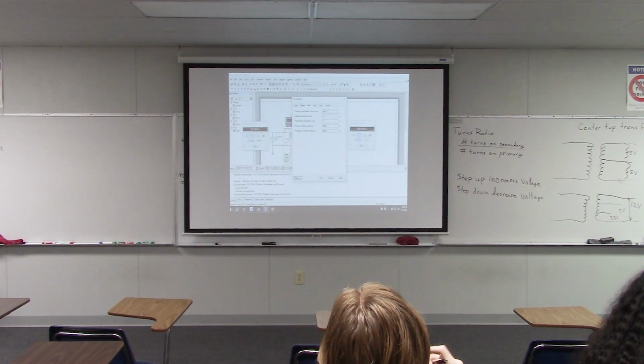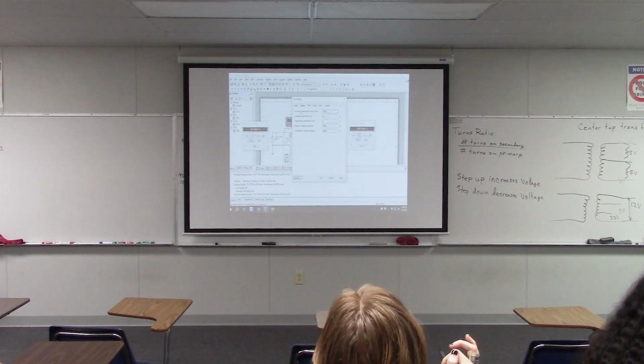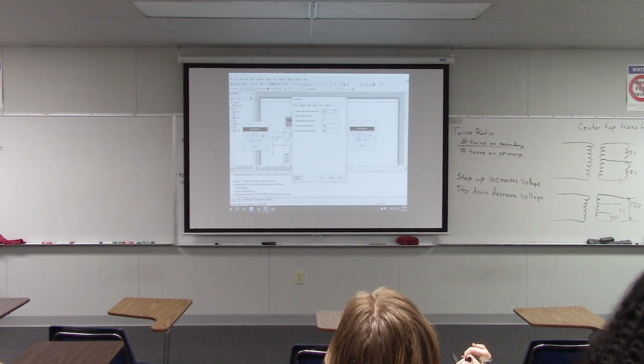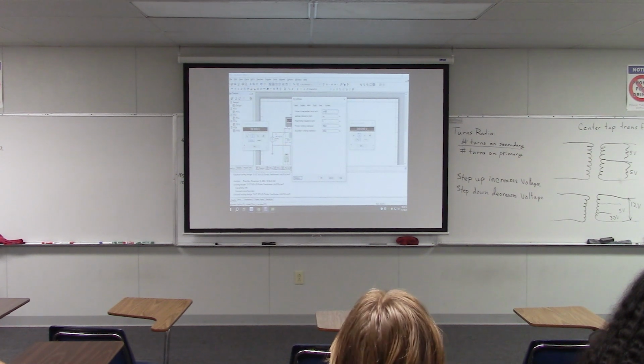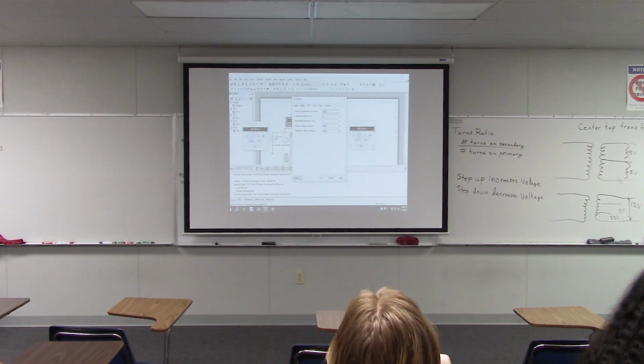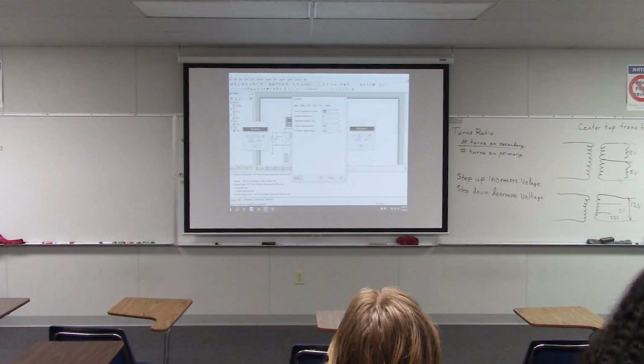So this is a primary to secondary turns ratio. So this is the number of turns on the primary divided by the number of turns on the secondary. So this is backwards to the way that the ratio is normally described. So anyway, this is 250 milli or 1/4.